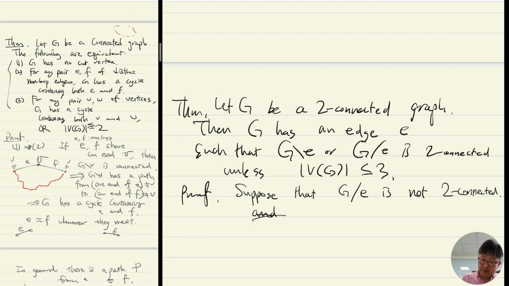And we can assume that E is not a loop, because if E is a loop, then G delete E is two connected, right?